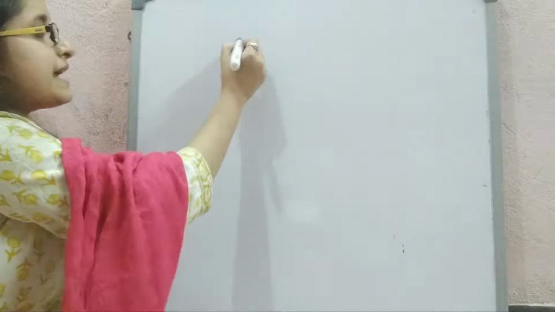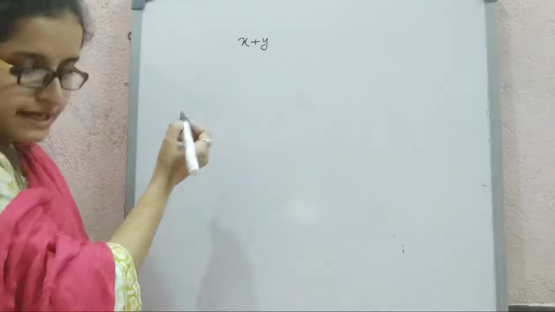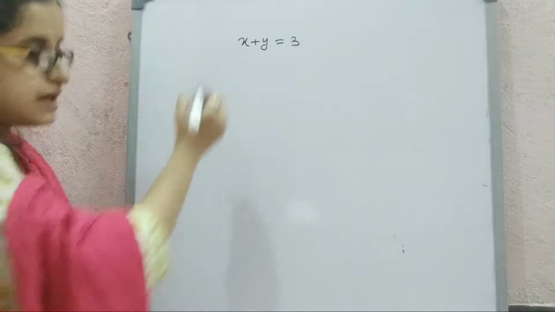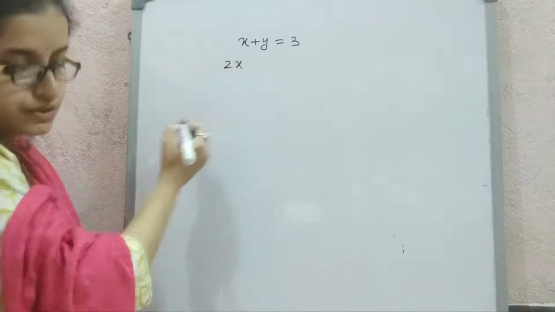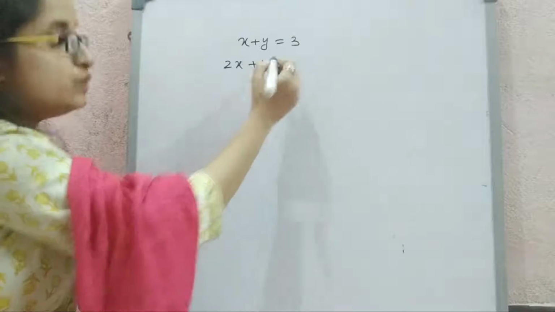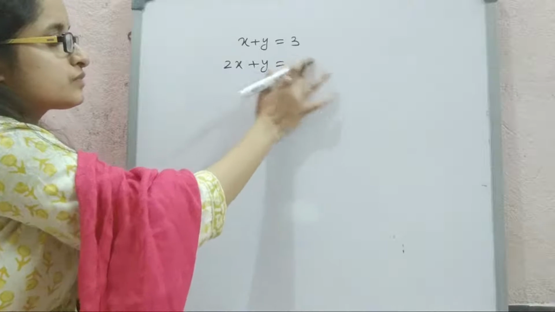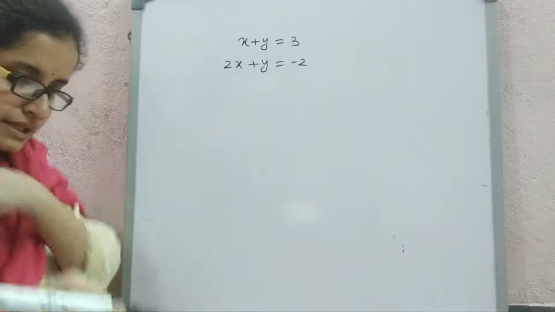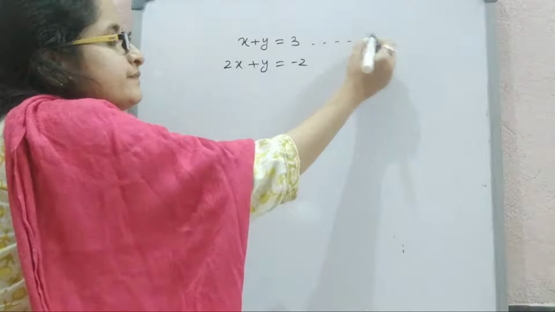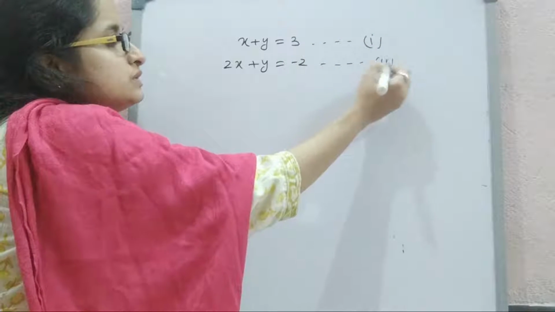There is x plus y is equal to 3 and the other equation is 2x plus y is equal to minus 2. This is equation 1, this is equation 2.